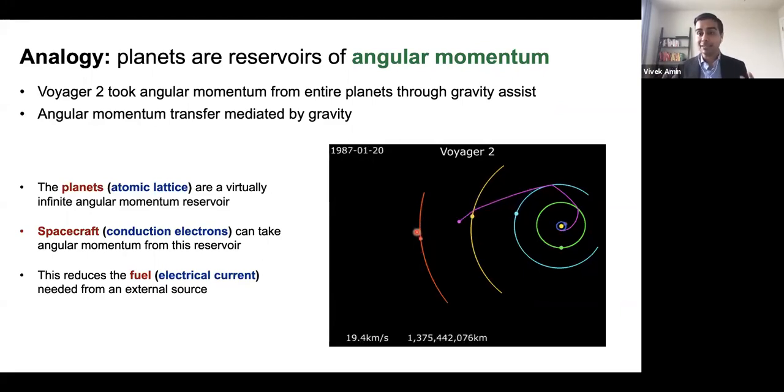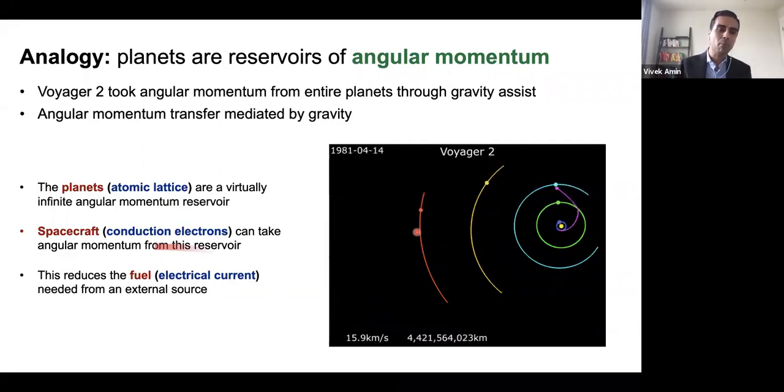And so under no uncertain terms, what's happening here is that Voyager is stealing angular momentum from the entire planet, but the planet has so much angular momentum that it doesn't matter. It's a negligible difference for the planet, but it amounts to a very strong course correction for Voyager.